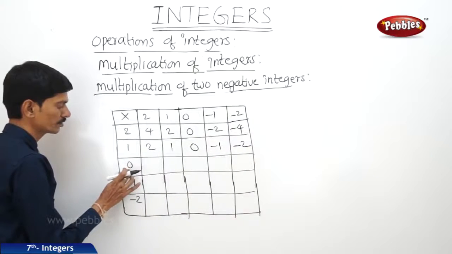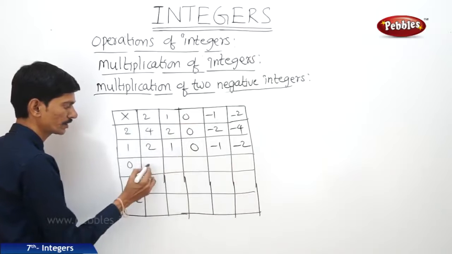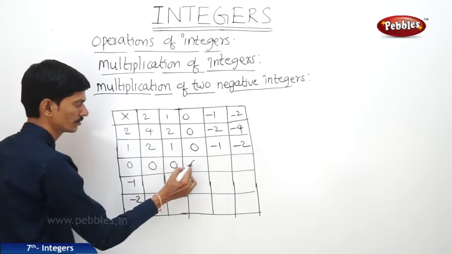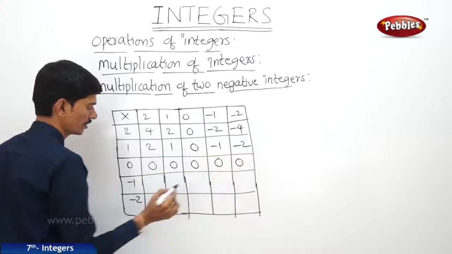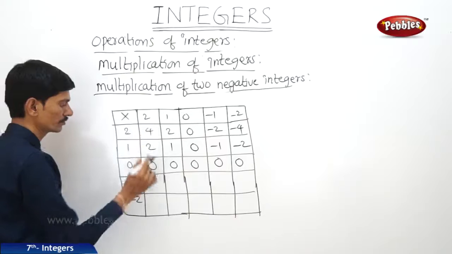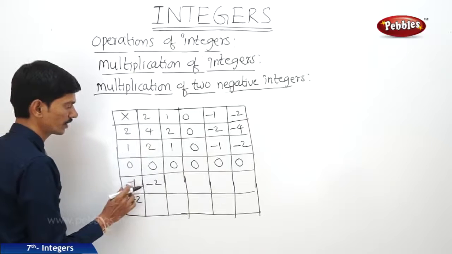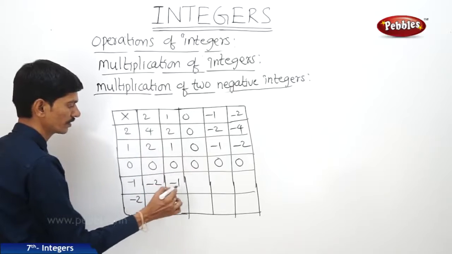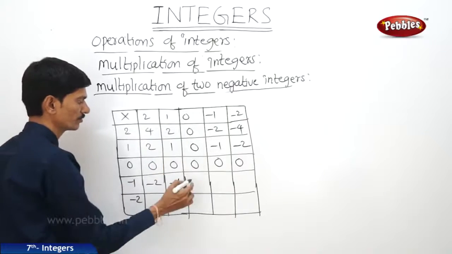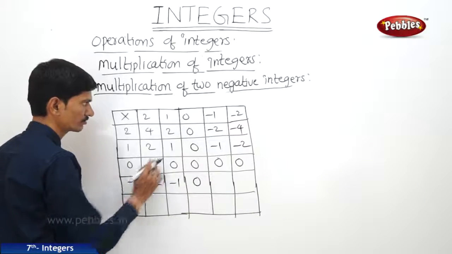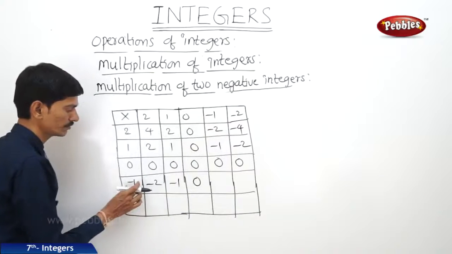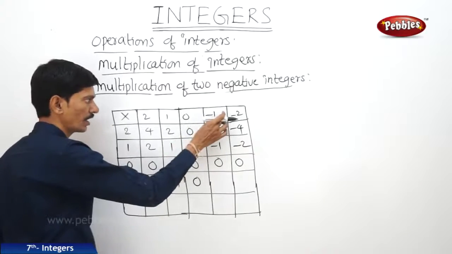So when you multiply 0 with any integer, we get again the product as 0, and minus 1 multiplied by 2, we get minus 2. So minus 1 into 1 is minus 1, and minus 1 into 0 is 0, then minus 1 into minus 1. Here a negative integer is multiplied by another negative integer.